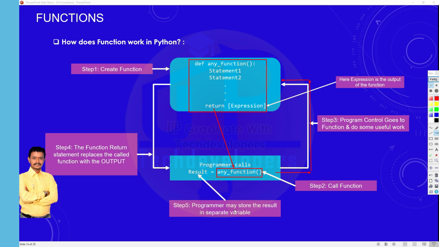In step 5, the programmer may store the result in a separate variable, meaning using any variable name, for example, here, the result. This is how the function works in Python in general.